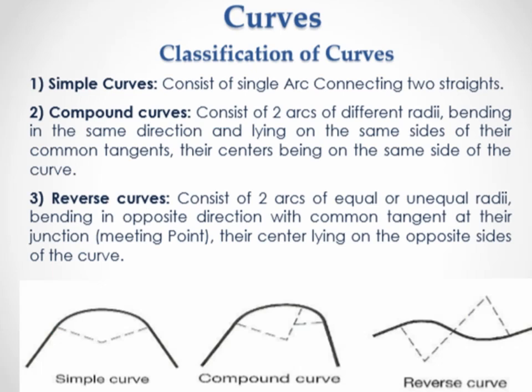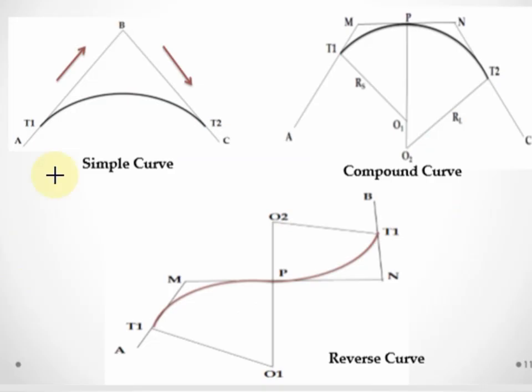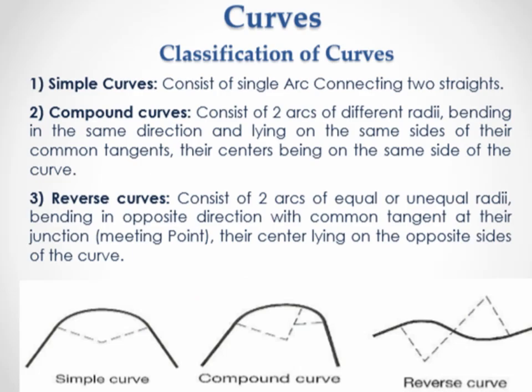So curves are classified. First, simple circular curve consists of a single arc connecting the two straights. If you see that, it consists of a single arc connected by the two straights.